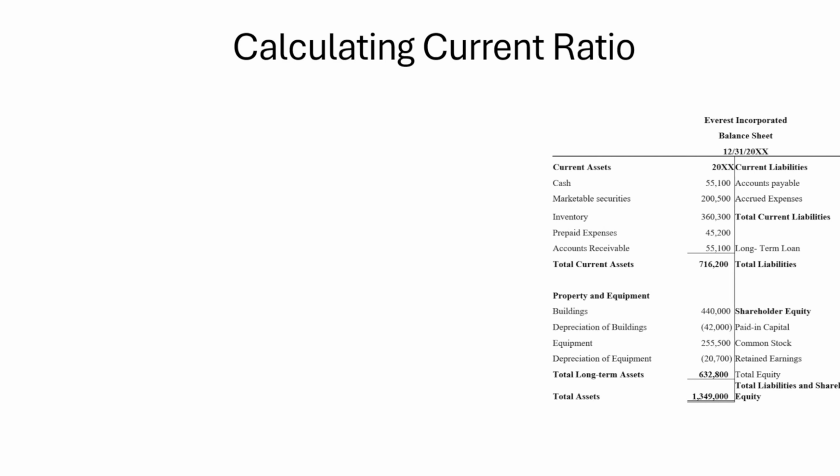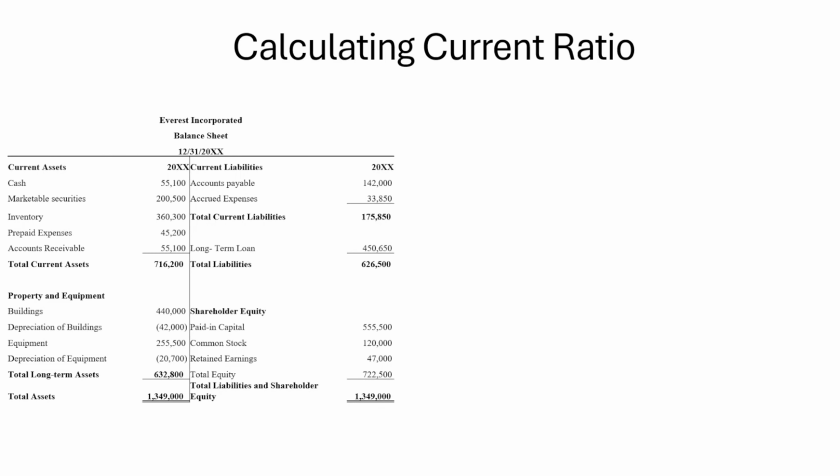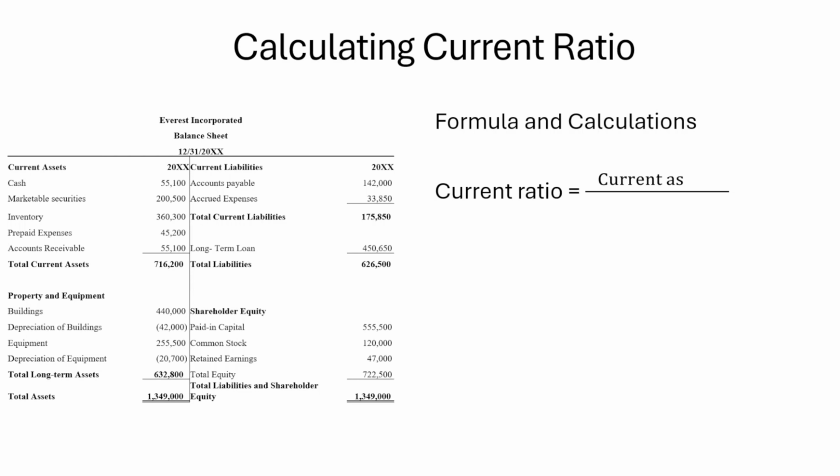Let us show how we can calculate the current ratio. Usually it's calculated from the balance sheet information. We have the debit side and the credit side of the balance sheet, and this balance sheet is for Everest Incorporated. As we saw, the formula for calculating the current ratio is current assets divided by current liabilities.